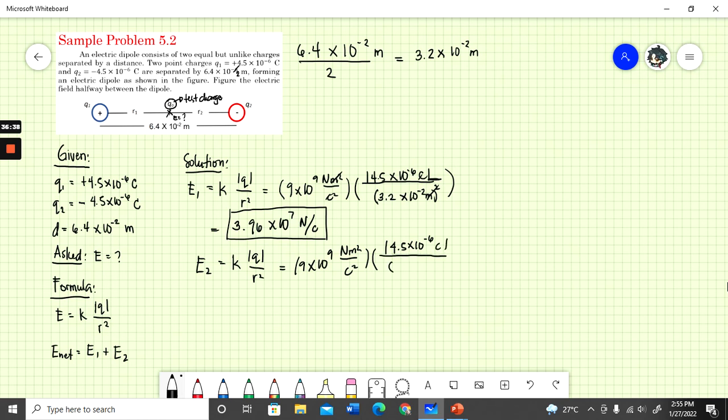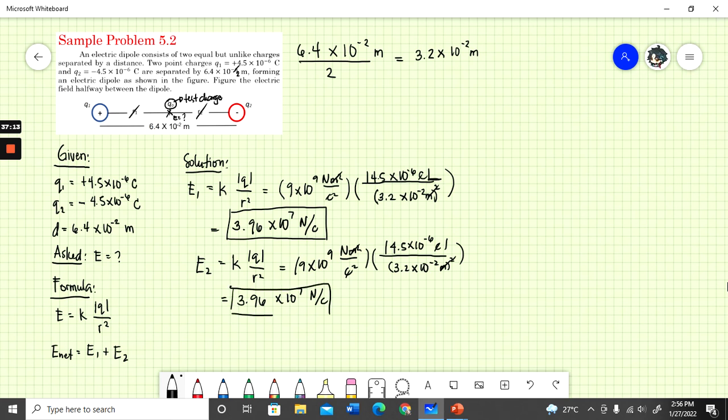And it's the same distance anyway because we're looking halfway between the dipoles, so the distance R1 would be equal to the distance R2. That will give us 3.2 times 10 raised to negative 2 meters squared. So our meters get cancelled, one of our coulombs gets cancelled, and we're left with newtons per coulomb. This is still equal to 3.96 times 10 raised to 7 newtons per coulomb.